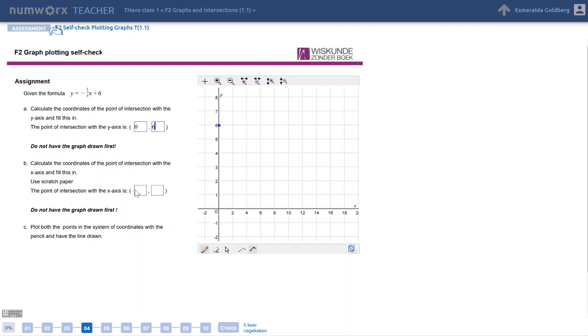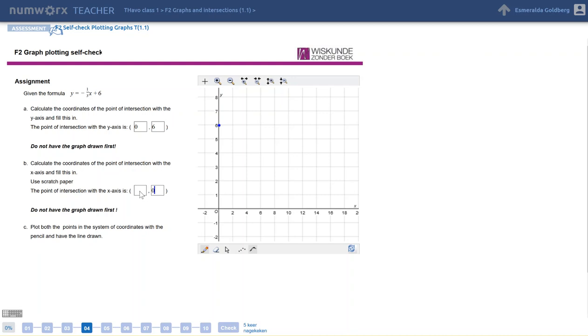The next question is about the x-axis. They want us to calculate the point of intersection with the x-axis as well. So we want to know where on the horizontal axis the line passes through that horizontal axis. Now, we already know that when we are on the horizontal axis, we have not gone up or down at all. That means that the y-coordinate, the second coordinate, has to be 0.